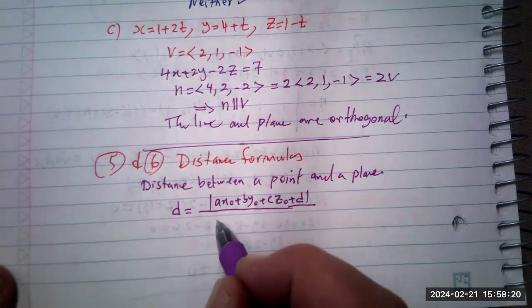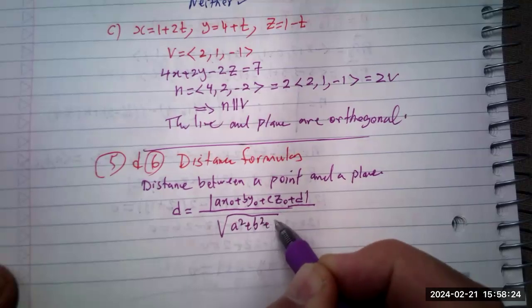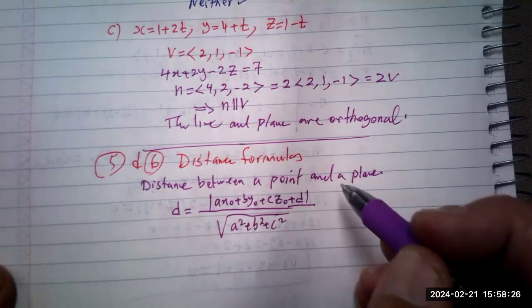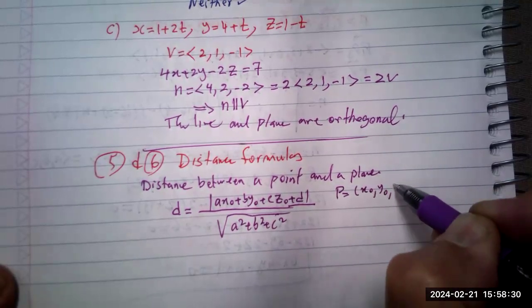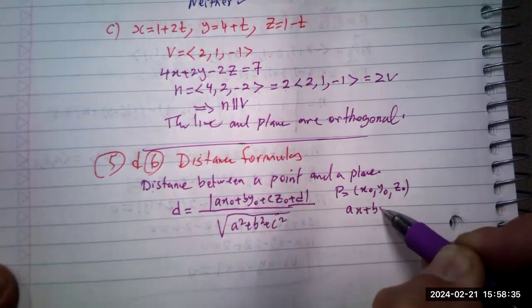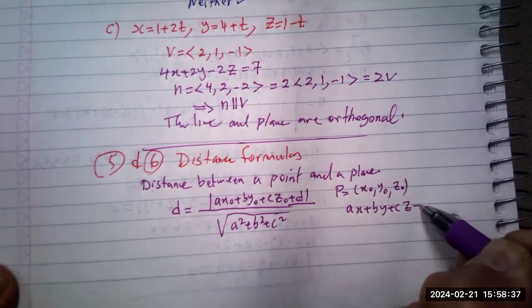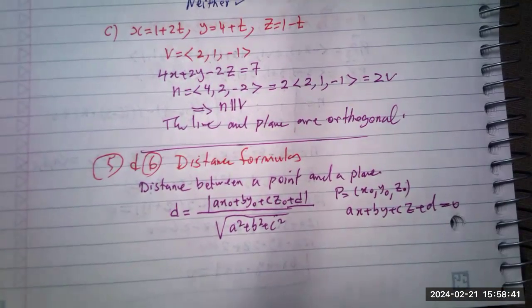And that would be divided by the square root of a squared plus b squared plus c squared. So this is the point, x0, y0, z0, and this is the plane. Make sure that your equation of the plane is of this form. If the constant term is on the other side of the equation, move it to the left.